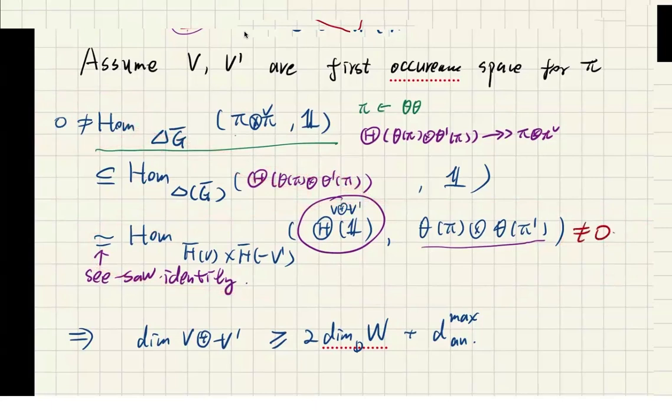So this implies that this big theta pi of v plus minus v prime is non-zero.